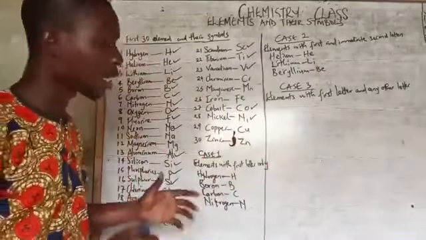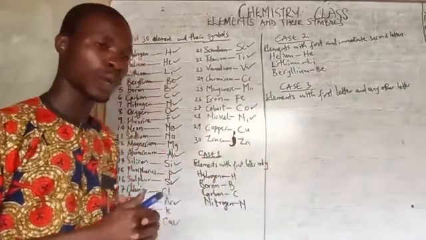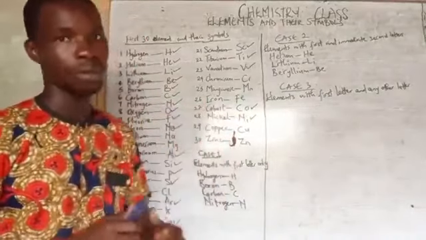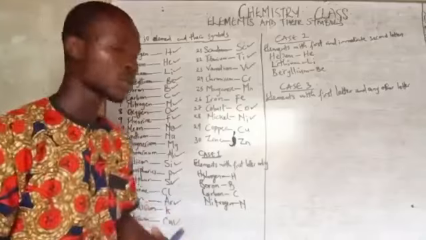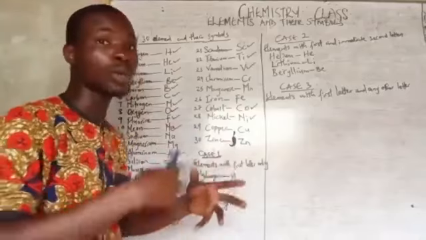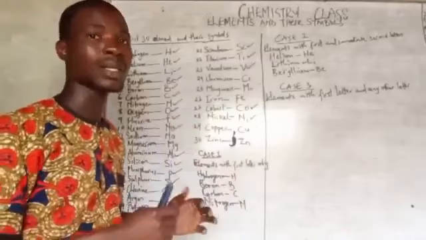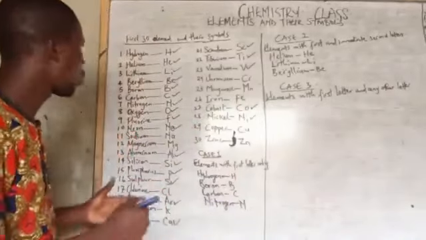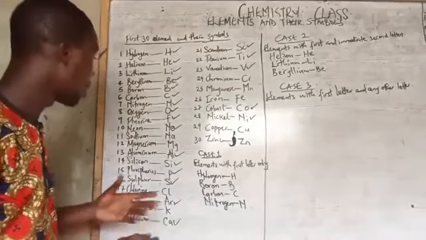So this is case 3. Elements with the first letter and any other letter which must not be the second letter. So the first letter and maybe the third, the fourth, or any other one that is attached to the name of that element. So let's figure out what the elements could be.